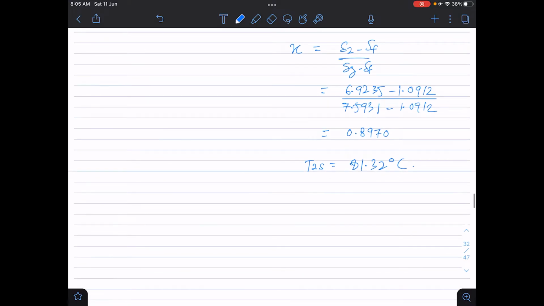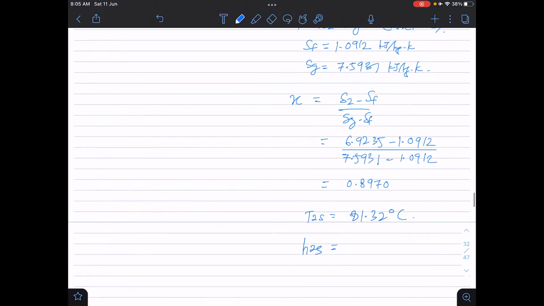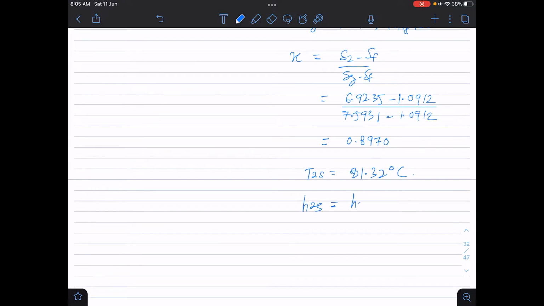Okay, in order to get the enthalpy, because we want to get the power output later on, we need to use the mixture formula, same as the entropy one: H2 equals Hf plus X times Hg minus Hf.